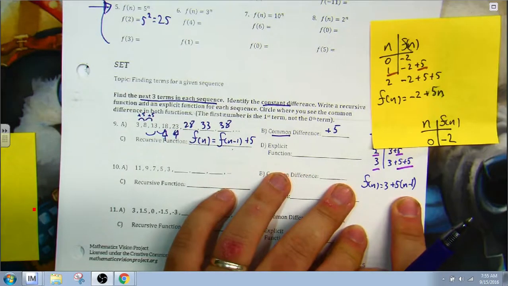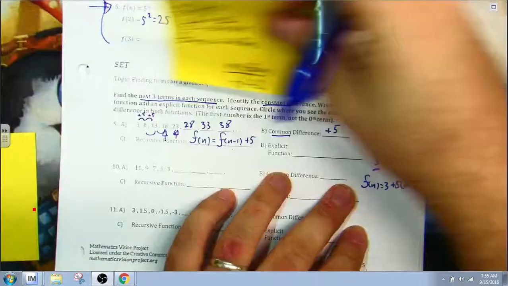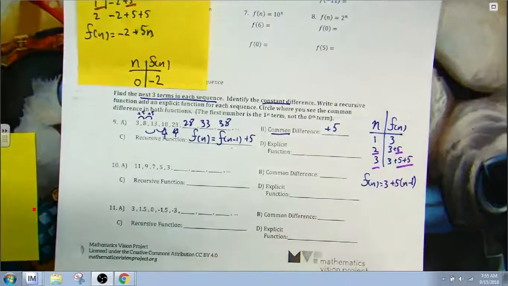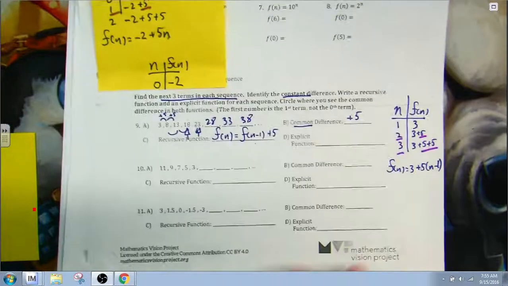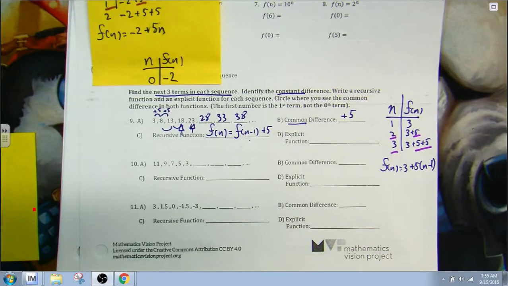But I do want to show you that those are the same thing. Those are absolutely the same thing. So let's look at what happens when we evaluate our first expression.